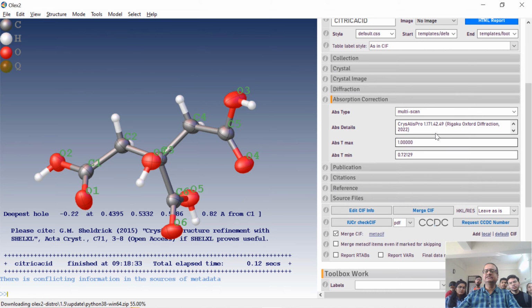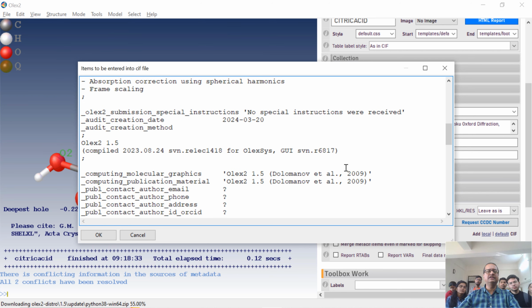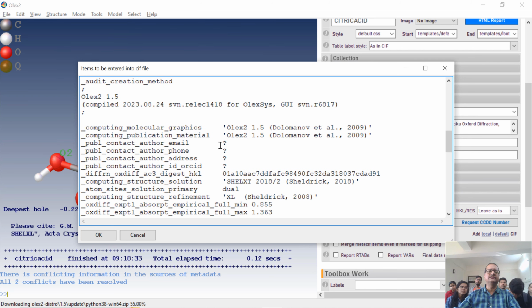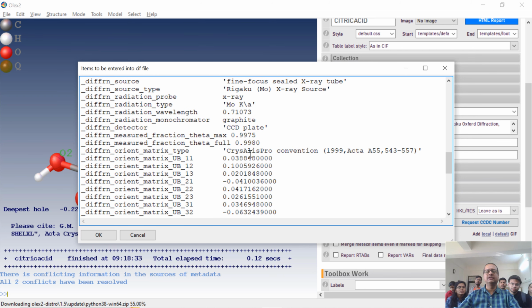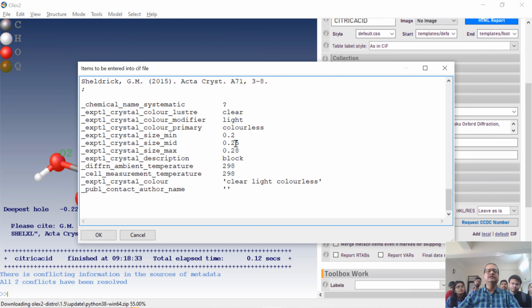So you click on this and it gives you the part of a CIF file where if you want you can edit, but here we don't generally edit other than the author email, phone and address, which one can do if you want to do a publication. And whatever information about the crystal color and size we have given, it has come here.